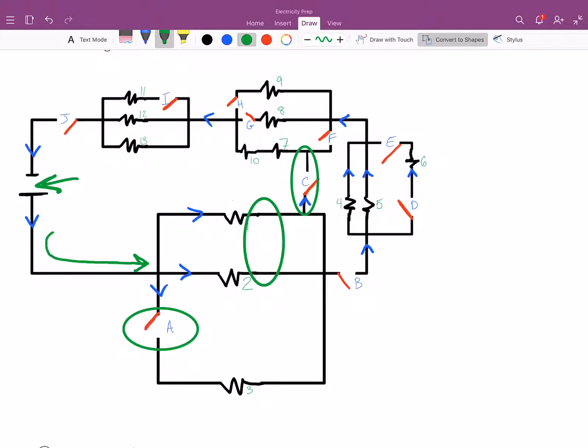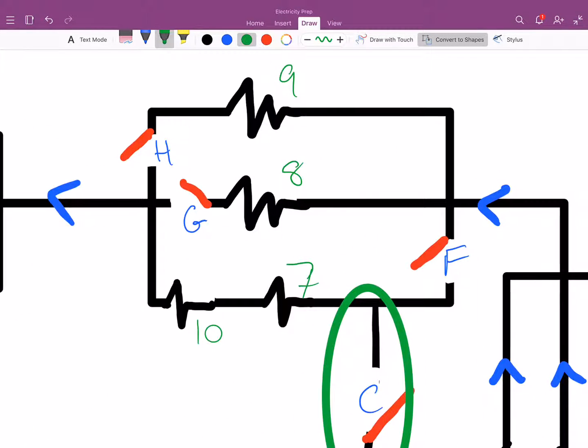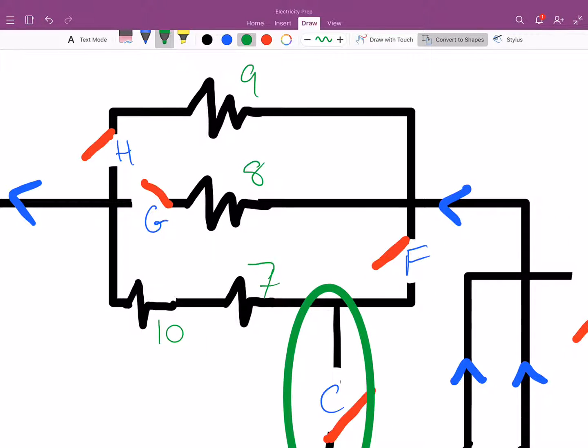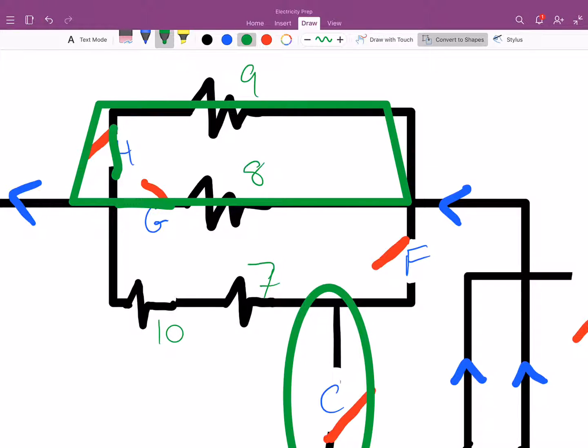Now if we observe resistors 7 through 9, at the moment they can be set up in 2 formats. If switch F is open and electricity is allowed to flow through switch H and G, you have 2 parallel resistors here.